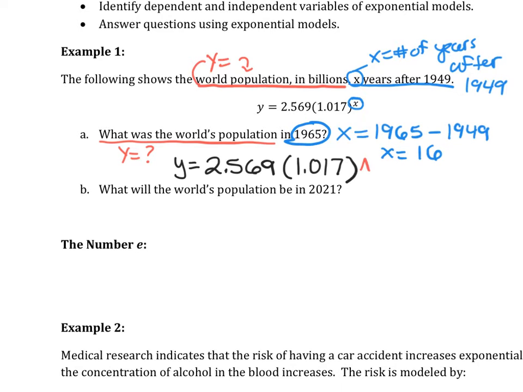Then you'll do the little caret button, then a parentheses. We always want to get into the habit of putting our exponents in parentheses. Some calculators you have to do it, some calculators you don't, but it's a really good habit to get into. And then we type in our X value, which is 16. And then close the parentheses for our exponent and hit enter.